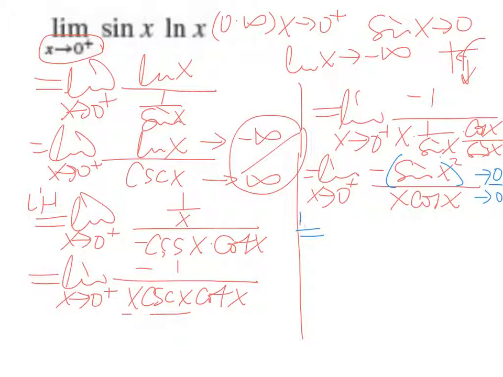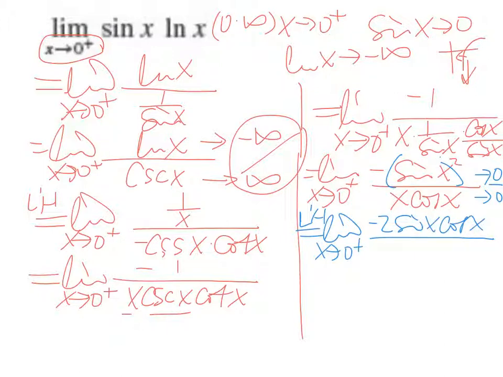Therefore, we get to use L'Hopital's rule again. As x goes to 0, we take the derivative for the top function, 2 sine of x cosine of x. At the bottom, we use a product rule, cosine of x plus x times negative sine of x.